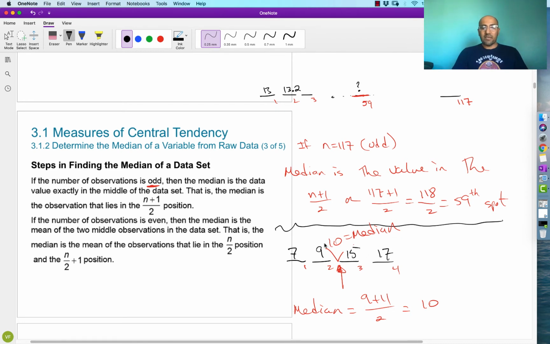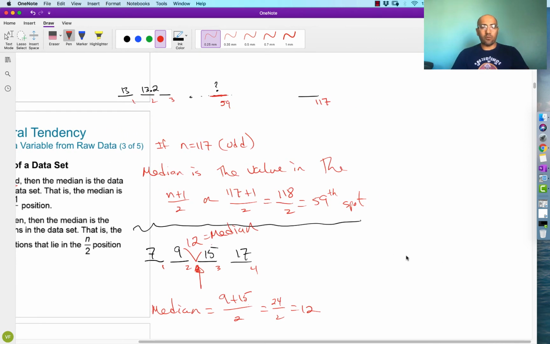Now the median is going to be the mean between these two numbers. So I'd have to come back over here and change that. This would now be 9 plus 15, which gets me to 24 divided by 2 equals 12. So now my median changes to 12. Good. So I have to find those two numbers that are in the middle and then find the mean of those two numbers.